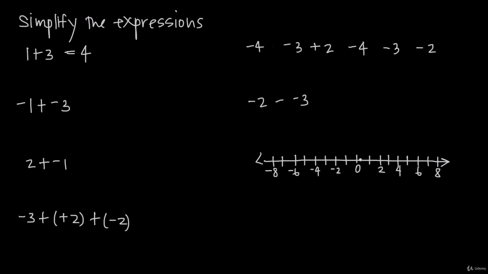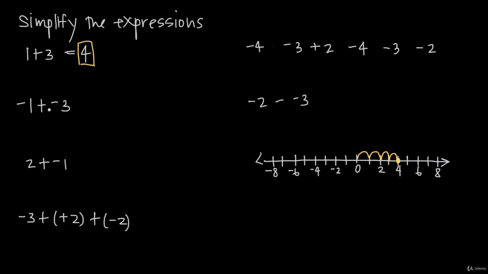Because we move to the right when we have positive, and we move to the left when we have a negative number, we're going to move to the right 1 unit, and we're going to be right here. Then, because we're adding a positive 3, we want to continue moving to the right 3 more units. So 1, 2, 3 more units, and you can see that we end up here at 4, which is why we get a positive 4 when we add those two numbers together.